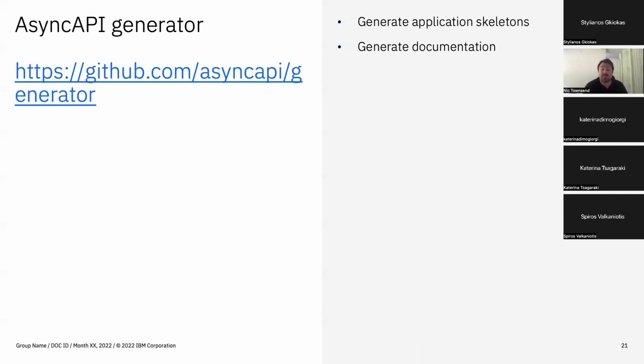Or you could use it for generating human readable documentation. So actually, given an AsyncAPI document, you could use the documentation generator to generate a Jekyll static site for documentation. Or you could use it to generate an interactive API explorer, much like how OpenAPI have explorers as well.